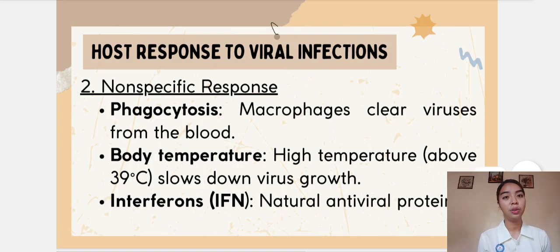And we all know that some viruses and bacteria, in their morphology, are very sensitive. Some of them are very sensitive to high heat, higher than 39 degrees Celsius, because their optimal temperature is what? 37 degrees Celsius. So next, in our non-specific immune response, we also have the interferons or IFN.